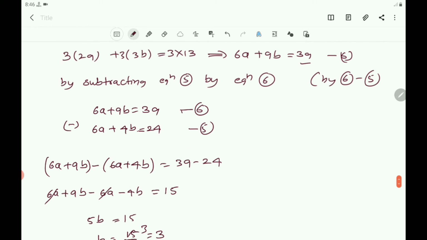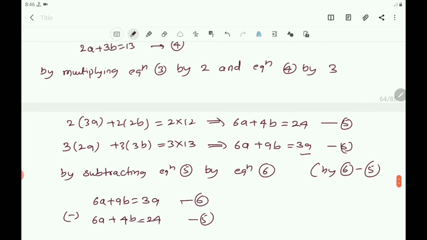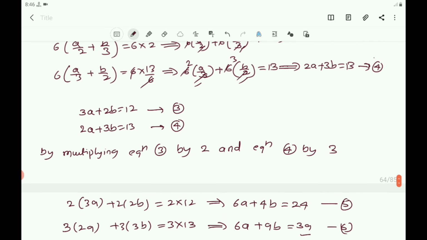And you substitute the value of b in the first equation.